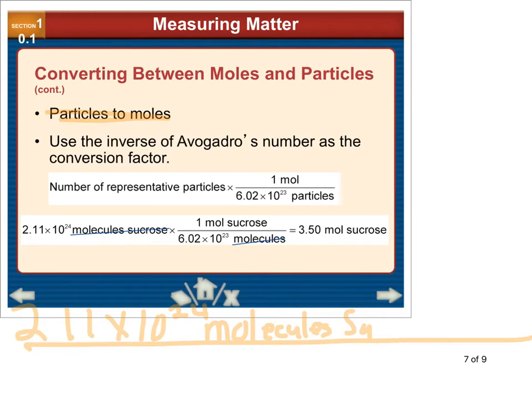And we know 1 mole of sucrose is 6.022 times 10 to the 23rd molecules of sucrose.